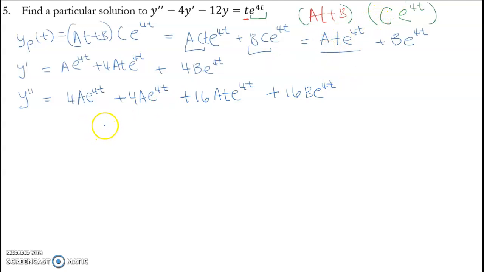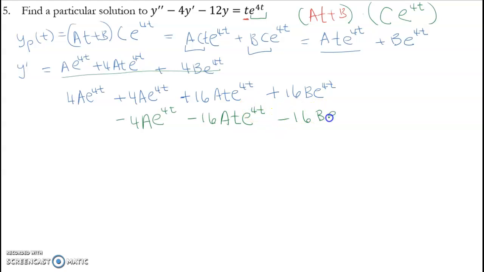Okay, so this is what we have, and let's just plug all of this into our original equation. I'm just going to erase this part instead of rewriting the whole y prime. Now plugging in the y prime, I have to multiply this by -4. So I'm going to continue to write it underneath. That's going to be -4a e to the power of 4t minus 16at e to the power of 4t minus 16b e to the power of 4t.